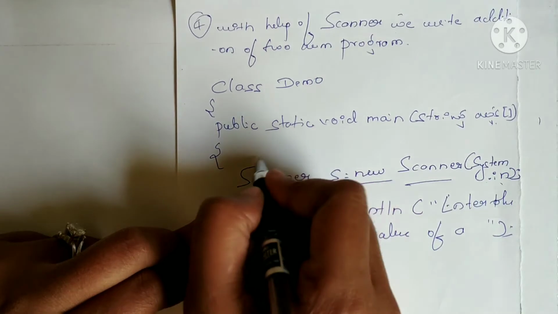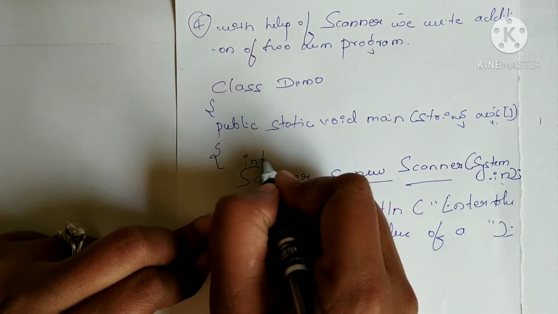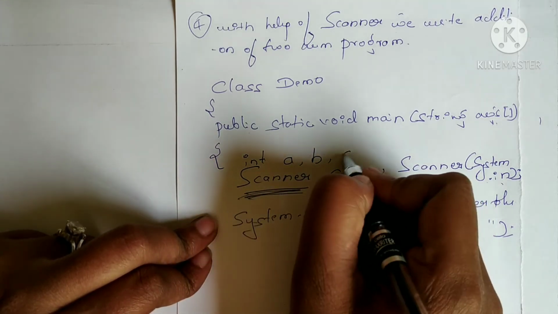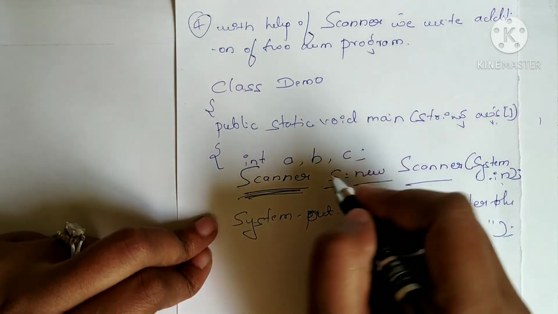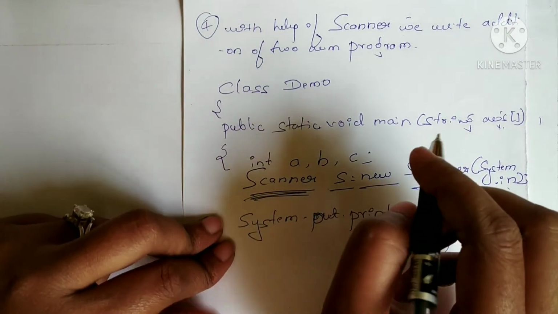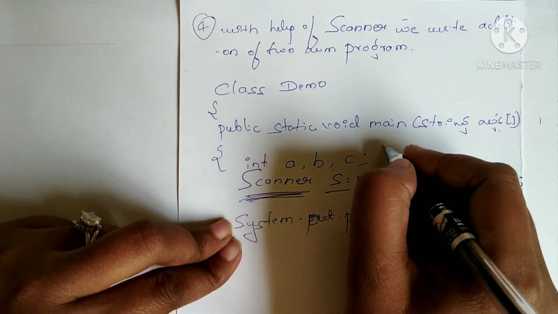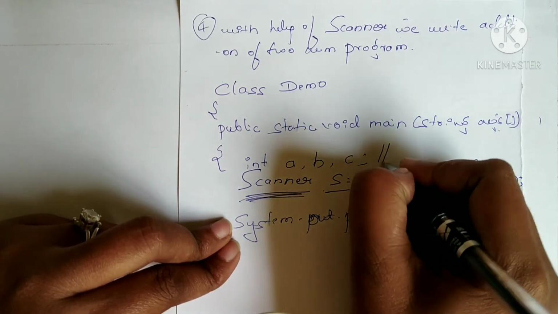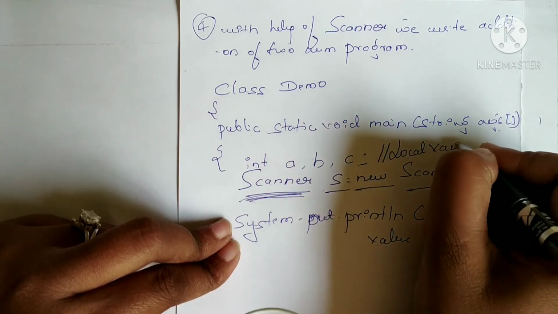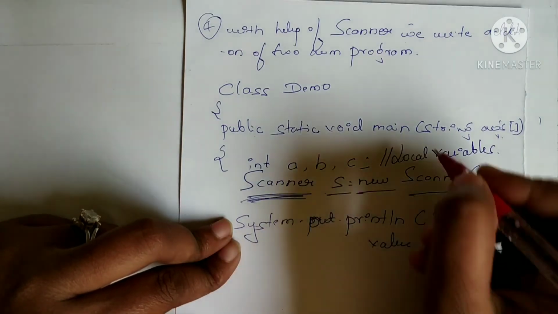Before this, we are going to declare variables int a, b and c. Whichever variables we declare in the main method, those variables are local variables.